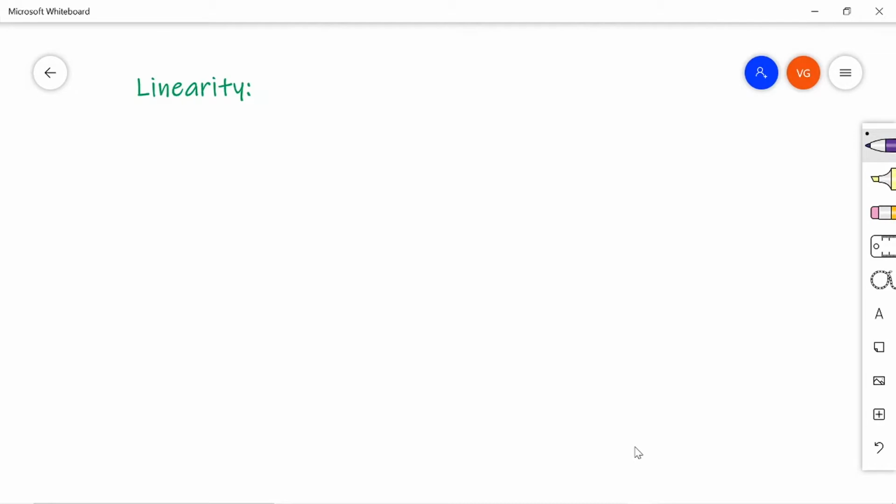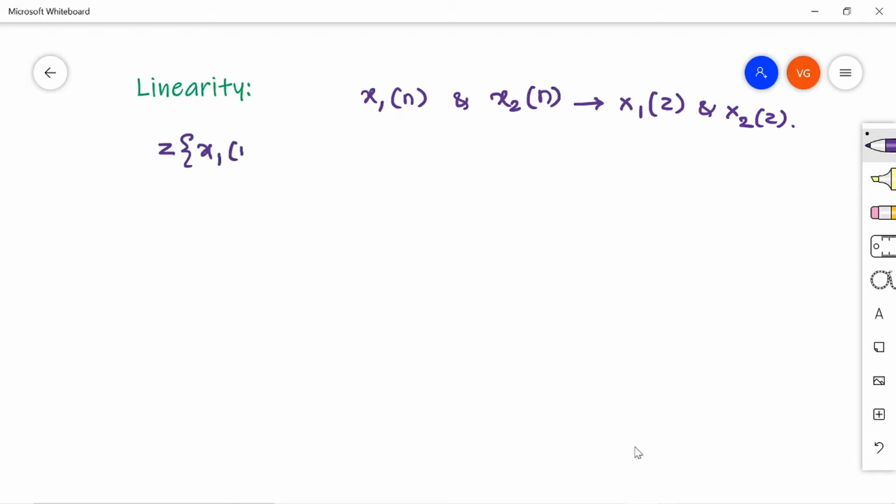So let us see. I am taking two sequences x1 of n and x2 of n whose Z transforms are x1 of z and x2 of z. Let us write here: Z transform of x1 of n is equal to x1 of z.